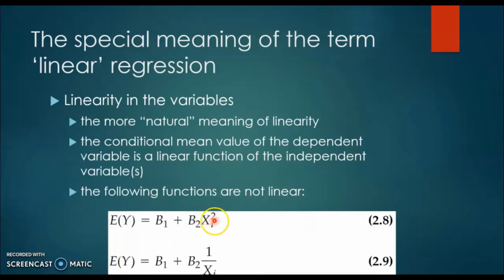In equation 2.8, the independent variable x appears with the power of 2, while in equation 2.9, it appears in the inverse form. Here we have 1 over x. X is the independent variable.